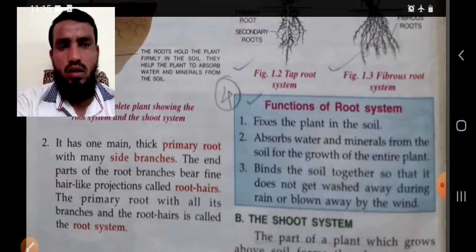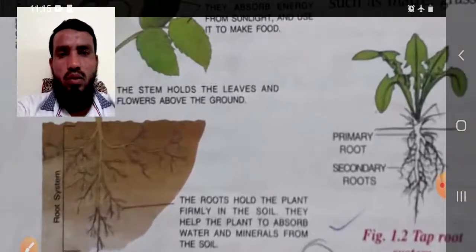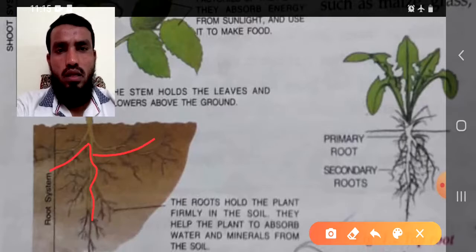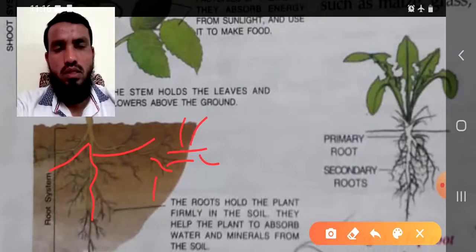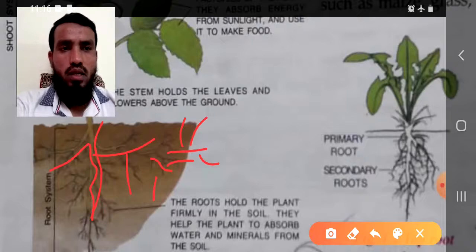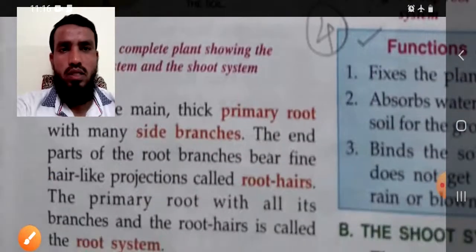You can see the diagram. This is the main root. Then it has sub branches, and at the end of these branches there are very little hair-like projections. So we can divide it into these parts: the main root, sub roots, and finally the hair-like projections at the end of the roots.